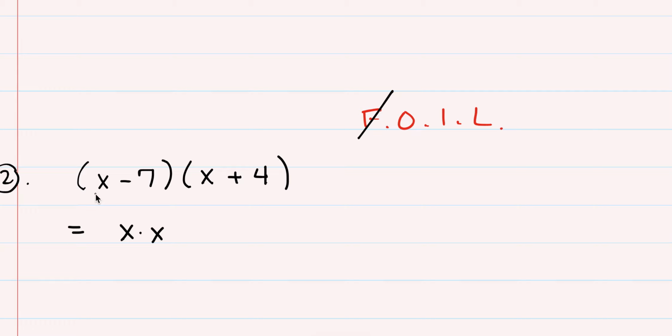Outer, which is this x with this positive 4. Inner, which is this negative 7 with this x. And then last, which is this negative 7 with this 4.